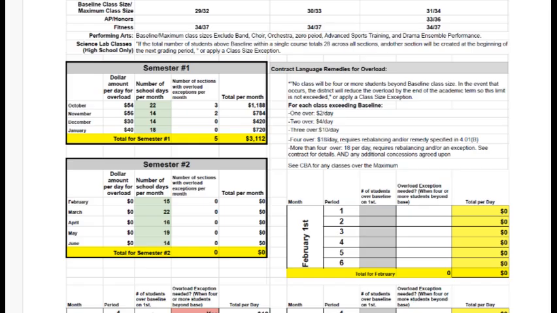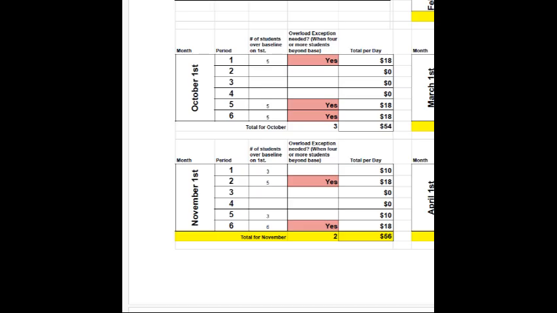Now, if I went ahead and ran a different set of numbers, you can see this one had exceptions in October and November, 3 and 2. What really happened is in October, first period and fifth period were over, as well as sixth. But in November, first period was not over by 5, and neither was fifth period.